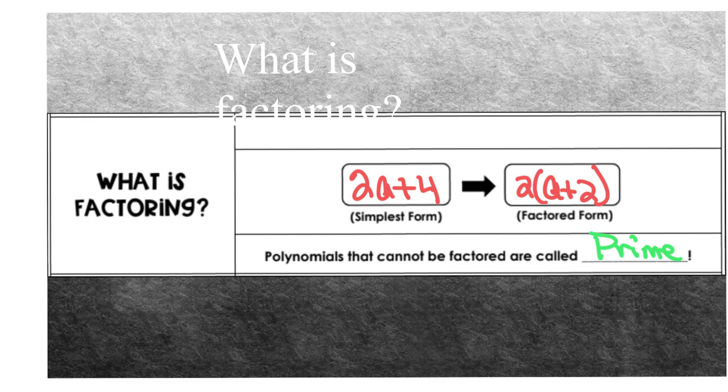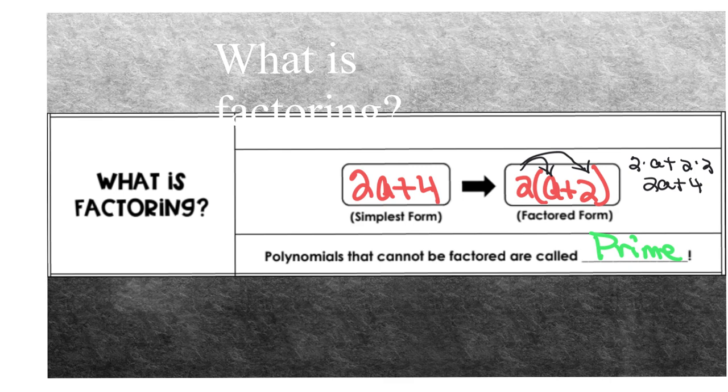Factored form would be written for this problem as 2 times a plus 2, because what happens when I multiply that parentheses by 2? I would have 2 times a plus 2 times 2, which is going to be 2a plus 4. The exact same thing that we started with.